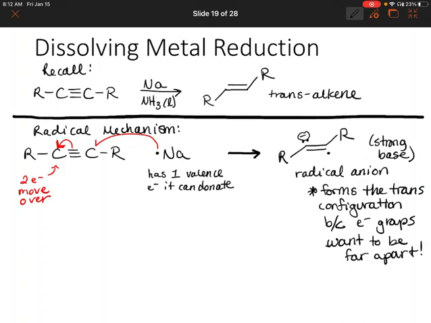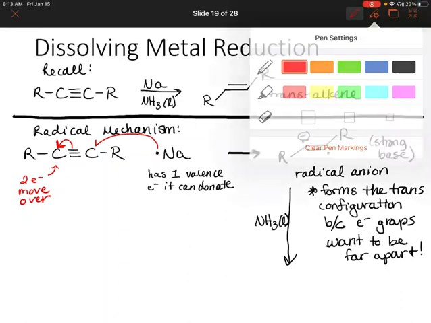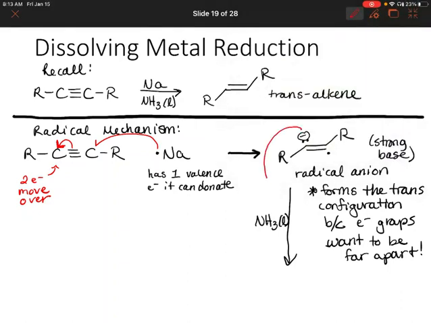Okay, so now let's add in the ammonia, NH3. And what ends up happening is the lone pair of electrons is going to grab a hydrogen, and then electrons will be left behind on nitrogen. So we're going to form the following radical. And then in the next step, another sodium atom will come in and donate its electron to the radical carbon.